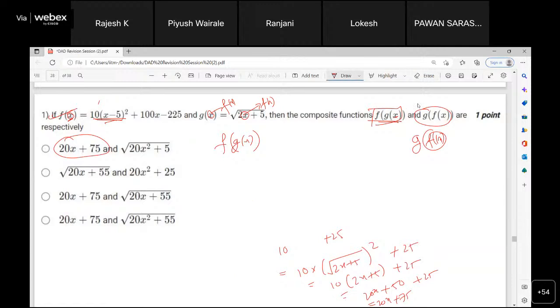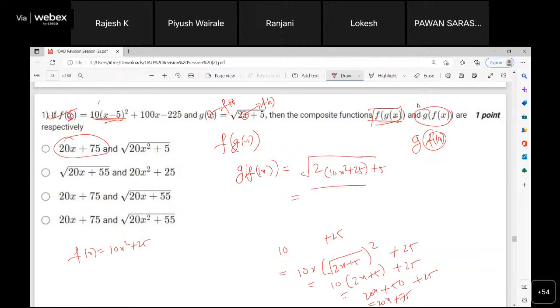So what will be my g of f of x here? That is 2. What is simplified f of x? 10x square plus 25, right? So here 10x square plus 25 plus 5.